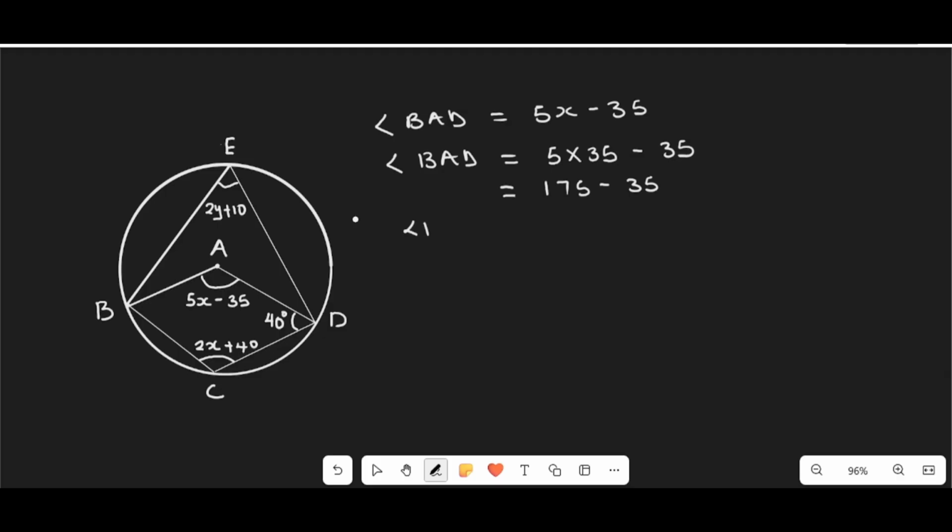So angle BAD equals 140 degrees. Also, let us find angle BCD.